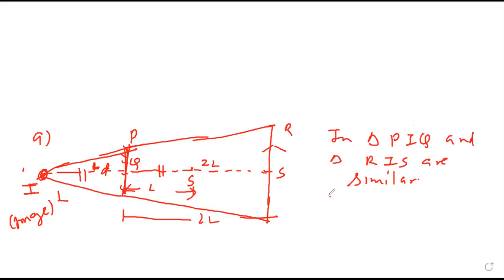Yes, they are. So we can say PI upon RI is IQ upon IS is equal to RS upon PQ.